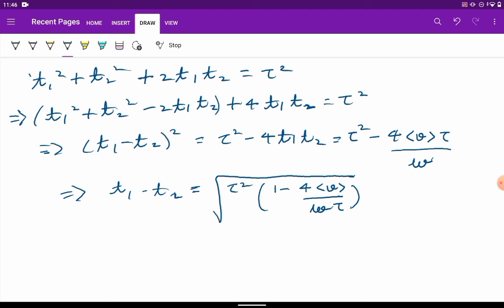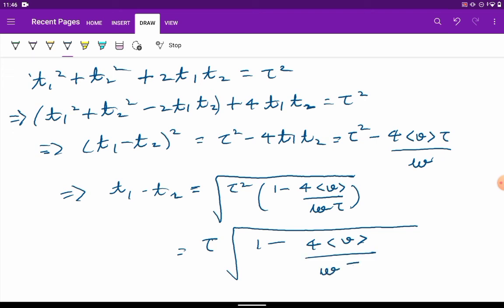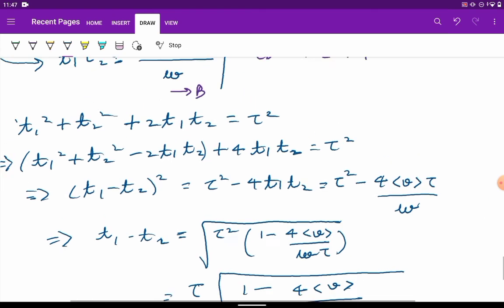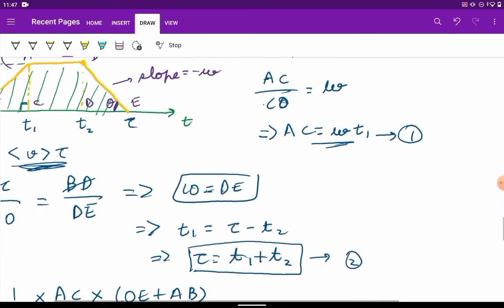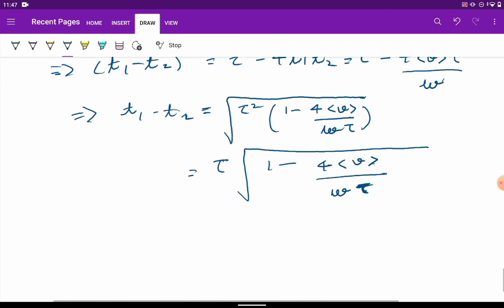This can go out of the square root as tau times root over 1 minus 4 times the average velocity magnitude divided by W tau. So of course you can substitute the values and get the final answer, but I'm leaving it at this point because this is also given in the answer part. You can check it. It's basically tau times square root of 1 minus 4 into average velocity by W tau. So there you have it.